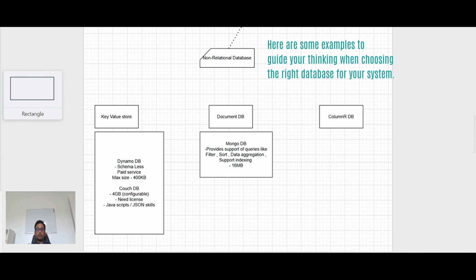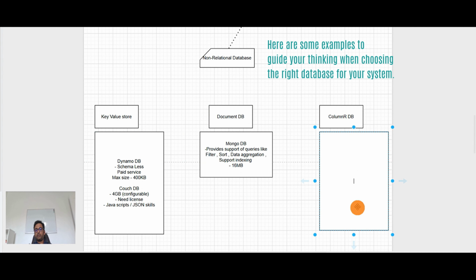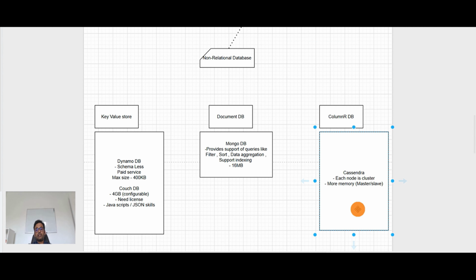Similarly, for a ColumnR DB, an example is Cassandra. Cassandra has a cluster, where each node is part of the cluster. It needs more memory for the cluster, master slave storage, and it has no indexing, no ACID.